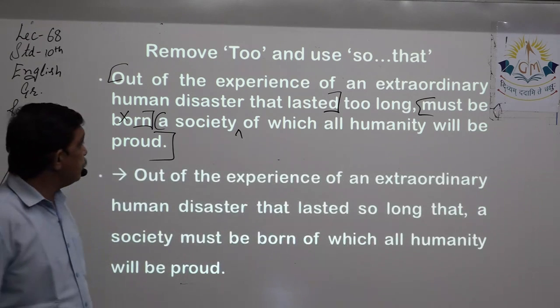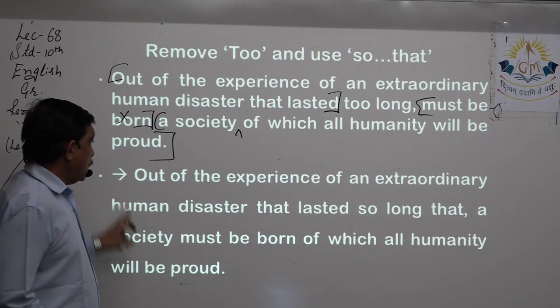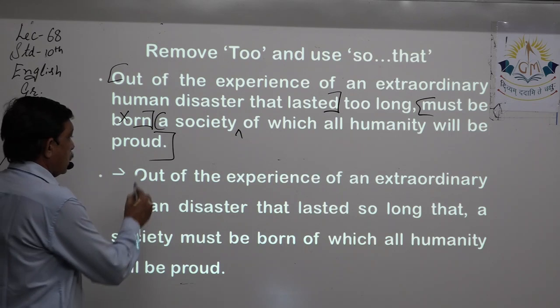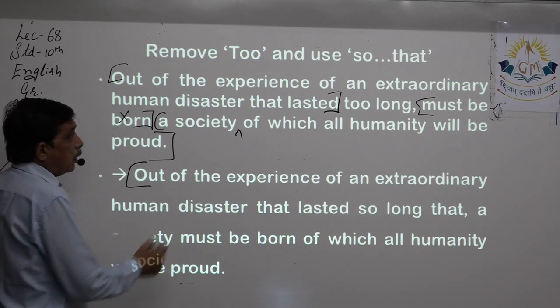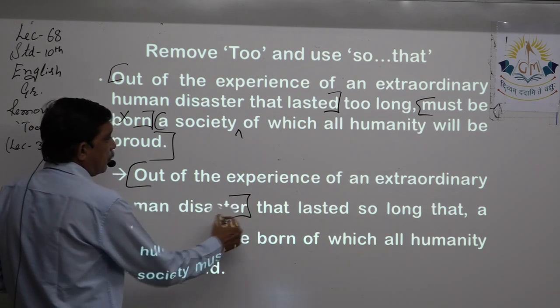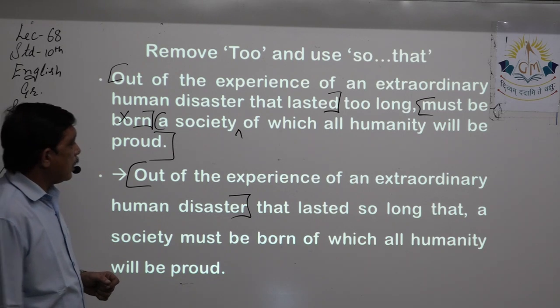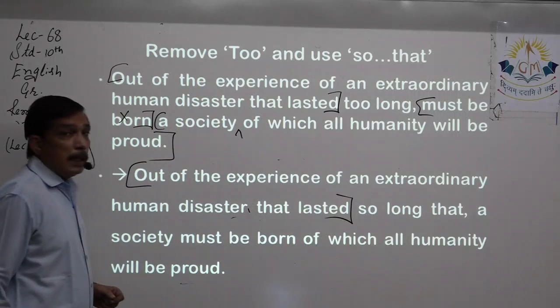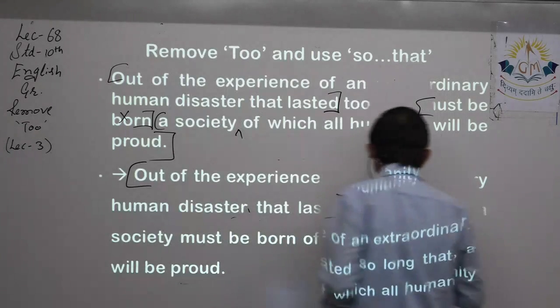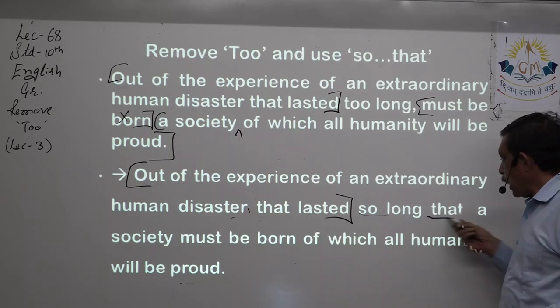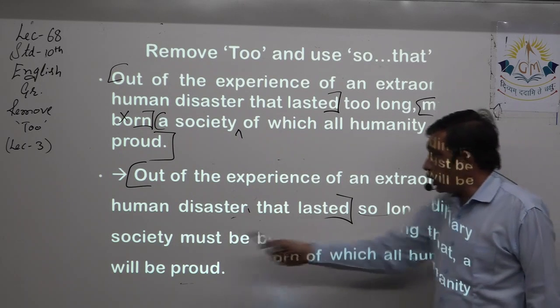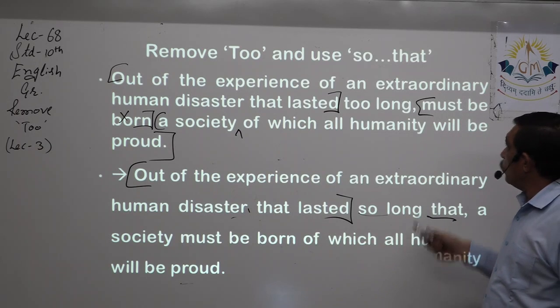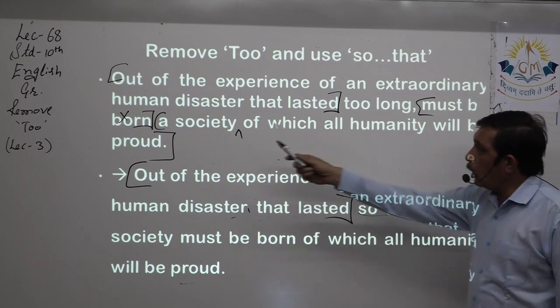Let's see the answer. Yes or no? Out of a disaster that lasted, okay, that lasted. Then I inserted so, then I inserted long, meaning so long that. A society must be born of which. What is over here? Must be born a society.